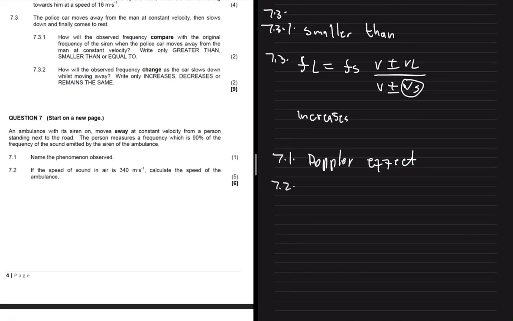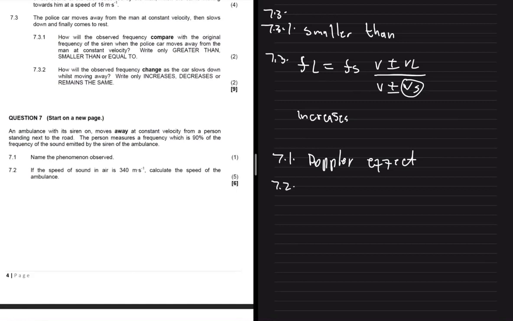7.2. If the speed of sound in air is 340 meters per second, calculate the speed of the ambulance. One thing that can throw you off in this situation is the fact that we're not given the frequencies per se. We're given that the observed is 90% of the emitted.